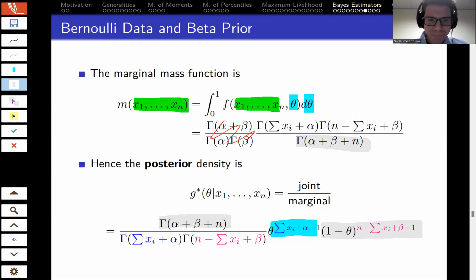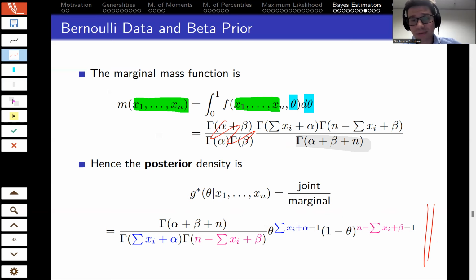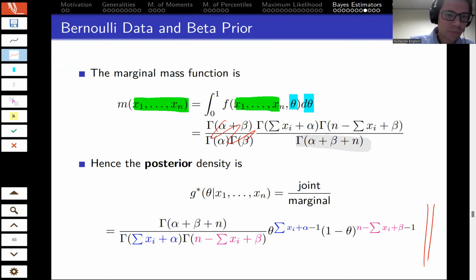But now you see, we highlight here in the colors that you might recognize this to be a density of something you know very well. It's again a beta. It's just that the parameters have been updated. Of course this is a density, and theta is the argument of the density, in the sense that it's not g of x, it's g of theta.